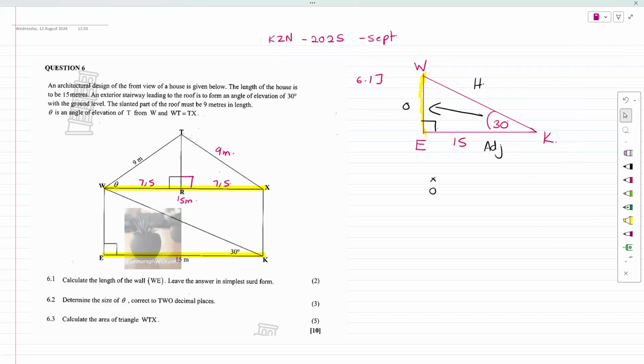Now, when we start to work with this question, they want us to calculate the opposite. We don't have the opposite, but we got the adjacent and we got the angle. If we look at SOHCAHTOA, that's SOH, that's CAH, and that's TOA, we understand that O and A is tan. So tan of 30 equals opposite over adjacent, and tan of 30 equals opposite over 15.